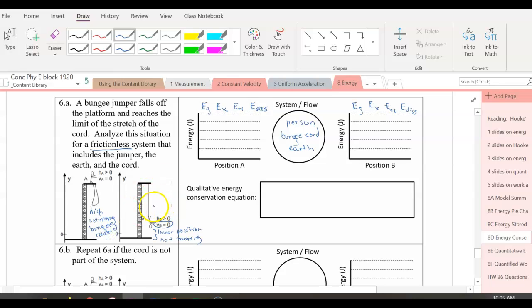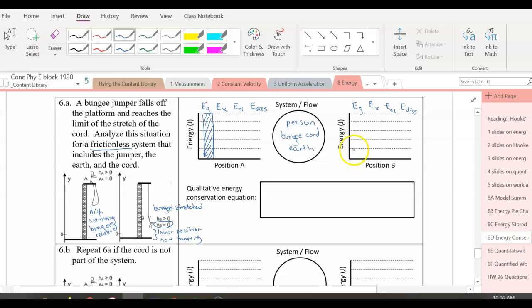Over here at position B, the bungee is stretched. Okay. And then I never showed dissipated at the beginning. So all of the energy at position A is gravitational potential energy. At position B, the person's not on the ground.